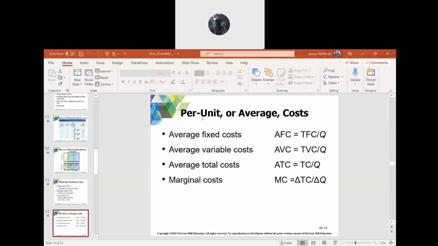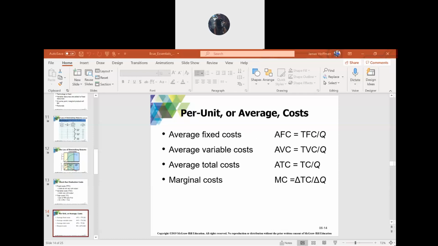Think of these as per unit or average cost. These are very important because you can tell what your specific cost is based on how much output you produce. If you produce 10 units, what's the fixed cost at that point, what's the variable cost, what's the total cost, and what's the marginal cost. Depending on how much output you produce, you can see what your average or per unit cost is.